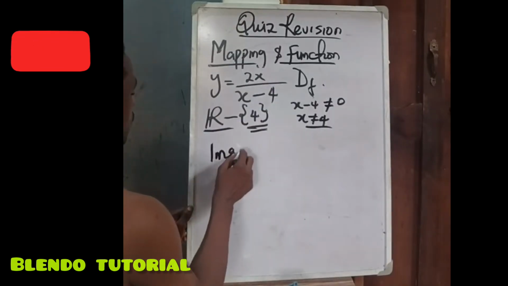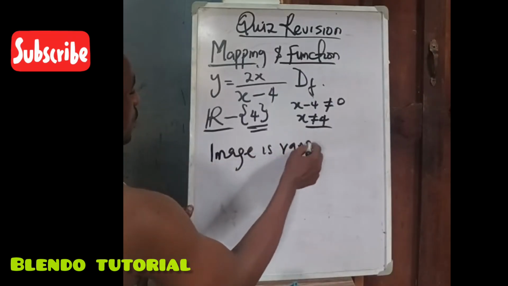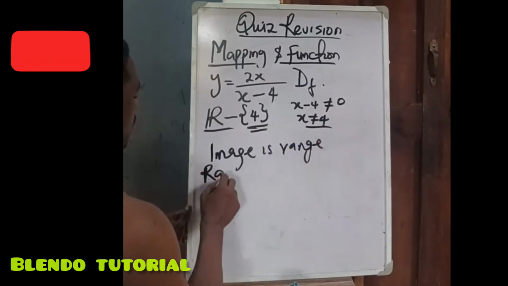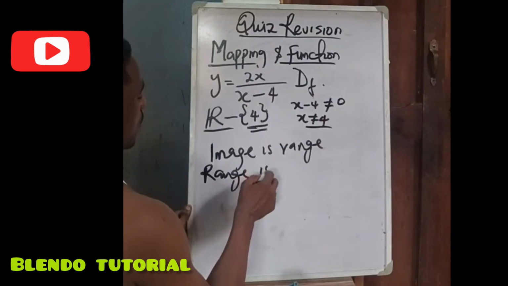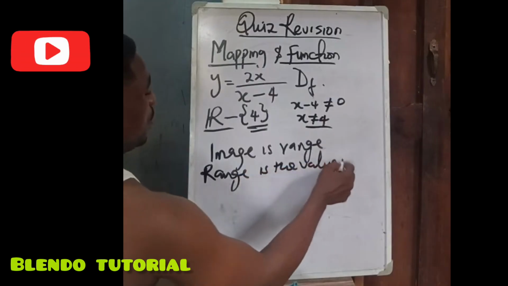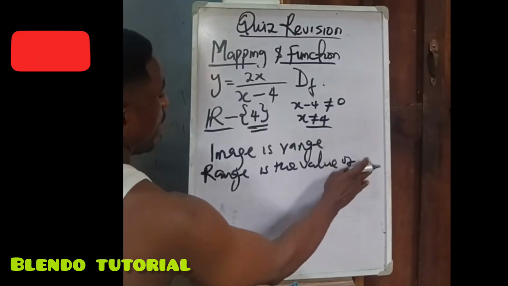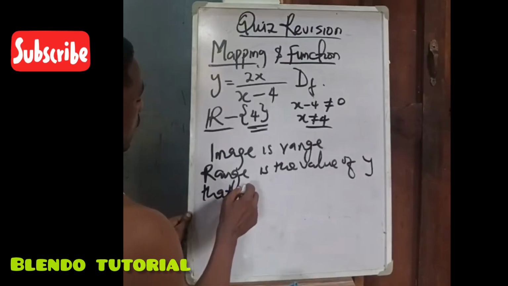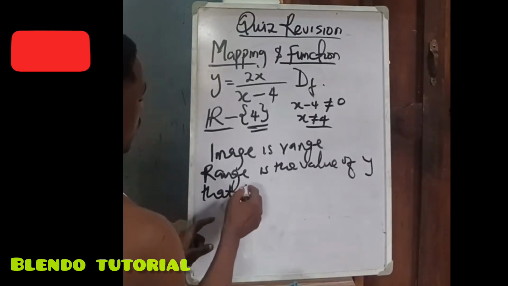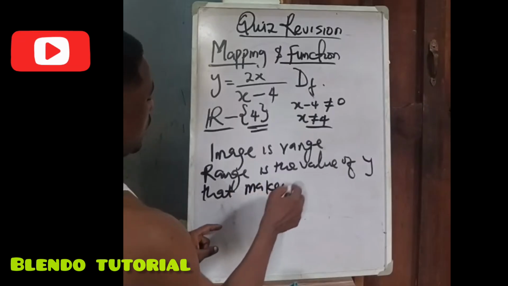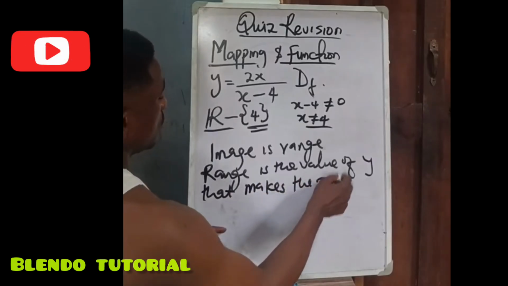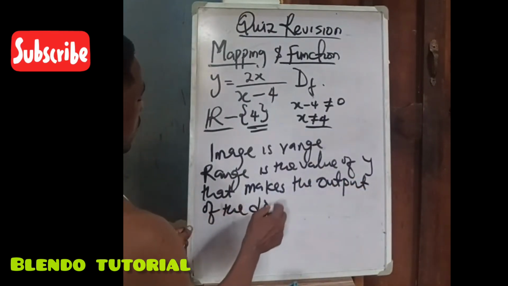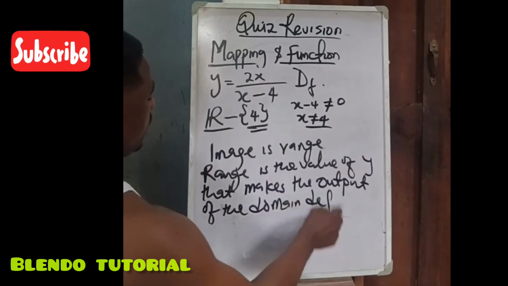Image is range. And range is the value of f of x that makes the output of the domain defined.